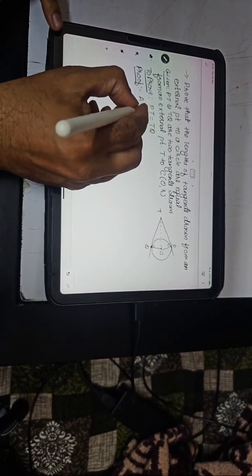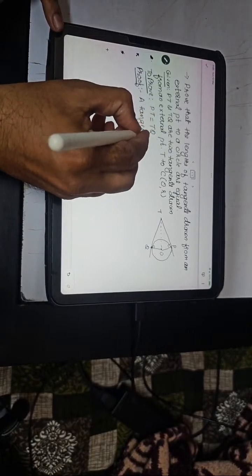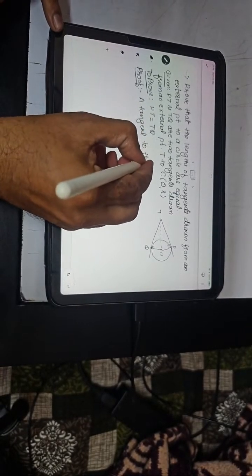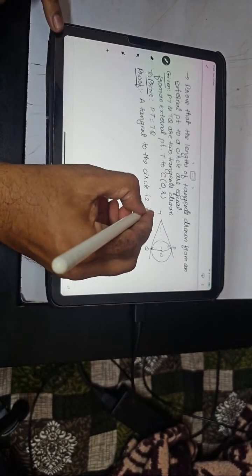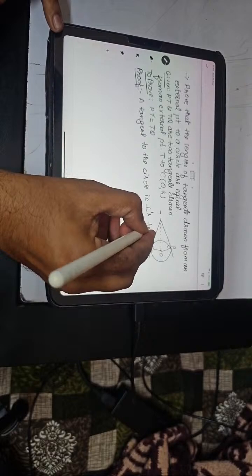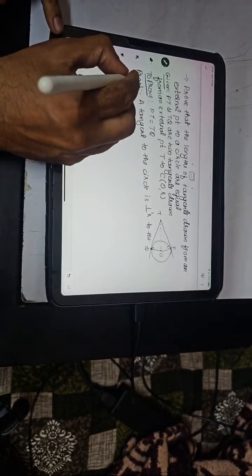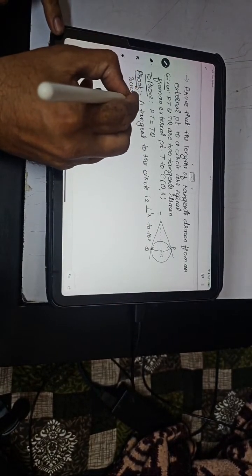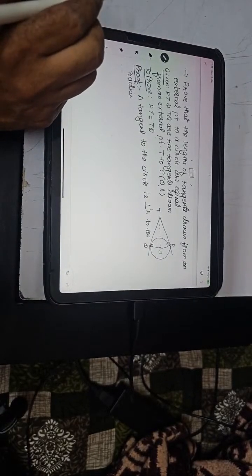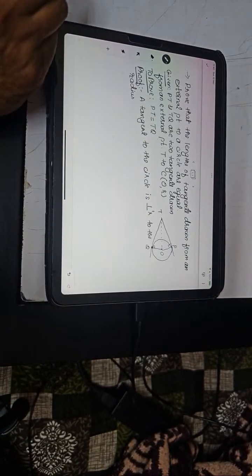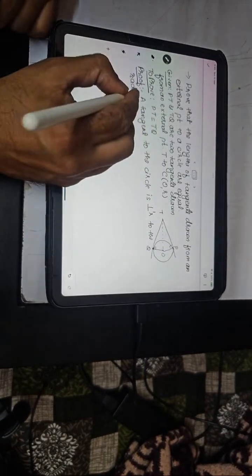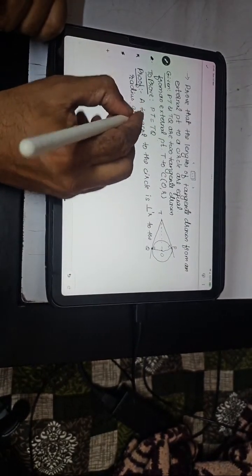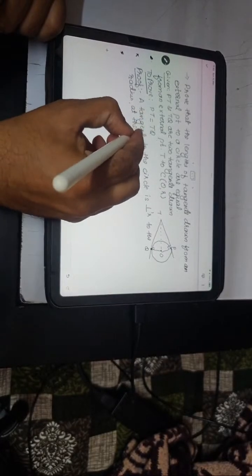A tangent to the circle is perpendicular to the radius. See, this was the basic thing. If I draw any radius to the tangent, it will always be perpendicular at the point of contact.